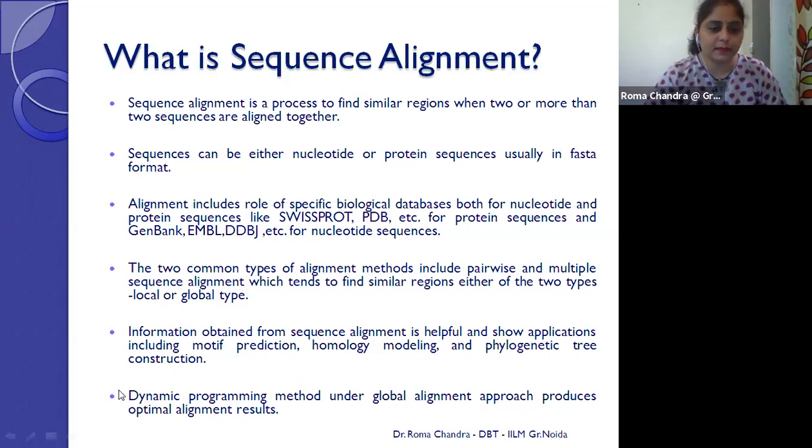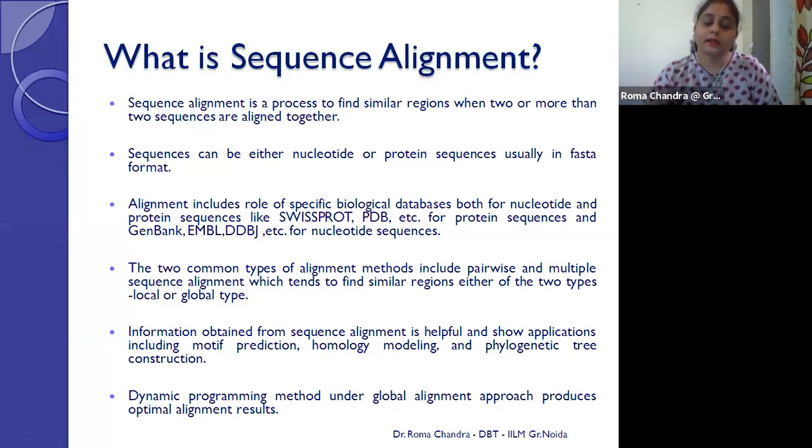The pairwise alignment method helps us go with techniques like dot plot, then dynamic programming, then the heuristic approach or the k-tuple approach. These methods help us with pairwise sequence alignment, and in pairwise sequence alignment we consider just two sequences, a pair of sequences.